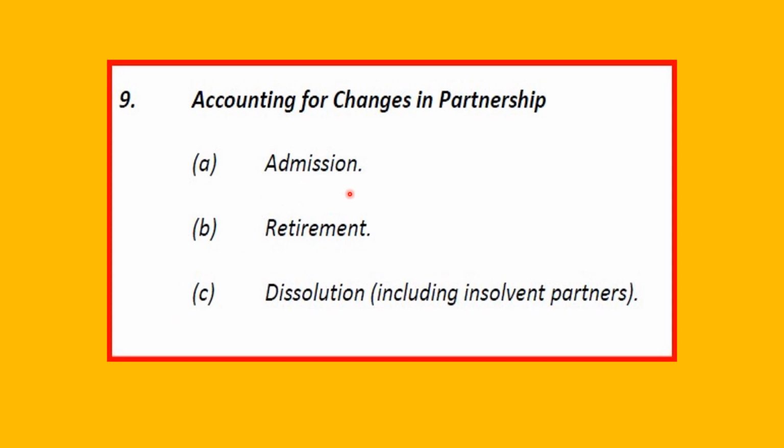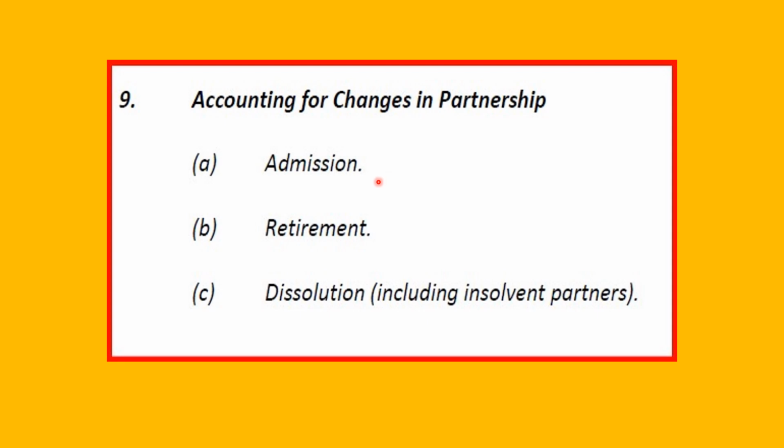The admission you're going to do at CAPE level is very different from what you did at CSEC. Okay? What you will have to do is look at the purchase of a partnership share by an outsider to get in.